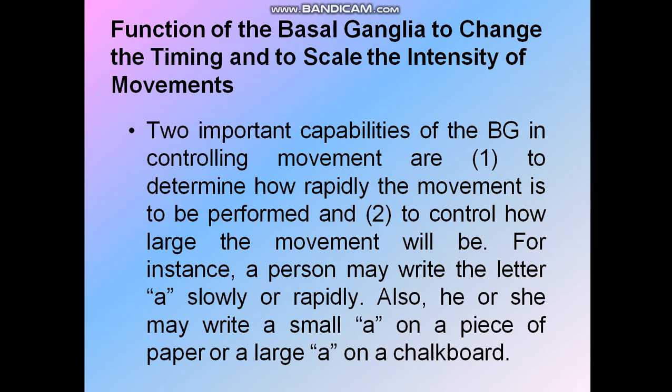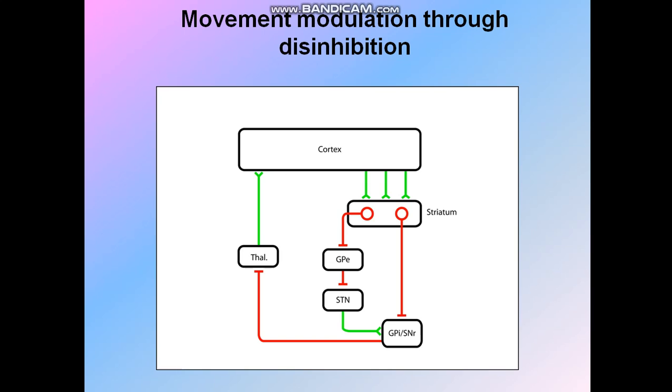The control of the size of what we write is one of the functions of the basal ganglia. Also controlling the strength of our touch and our movement: touching the keyboard and working on the keyboard, the strength of our finger and hand movement is different from when doing some vigorous handwork. When there is damage to the basal ganglia, this will cause a disorder.